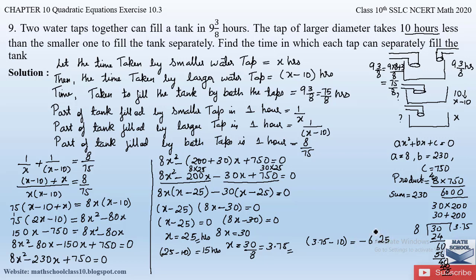But here if you observe, since we have got a minus sign, any measuring quantity cannot be negative, so we are not taking the value x is equal to 3.75 here. We have to just consider the value x is equal to 25. So therefore we can write down the time taken by the smaller tap is 25 hours and by the larger tap it is 15 hours. So this is the result.